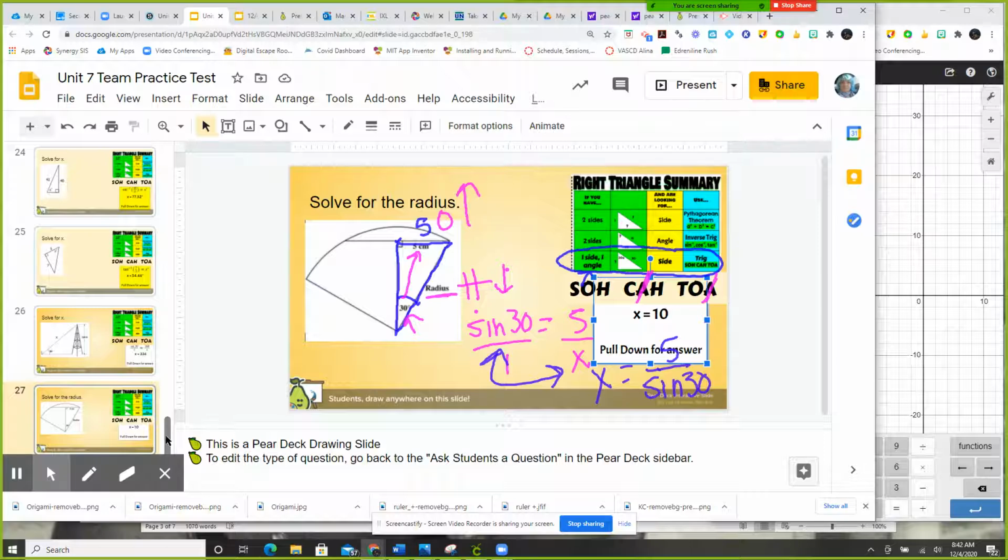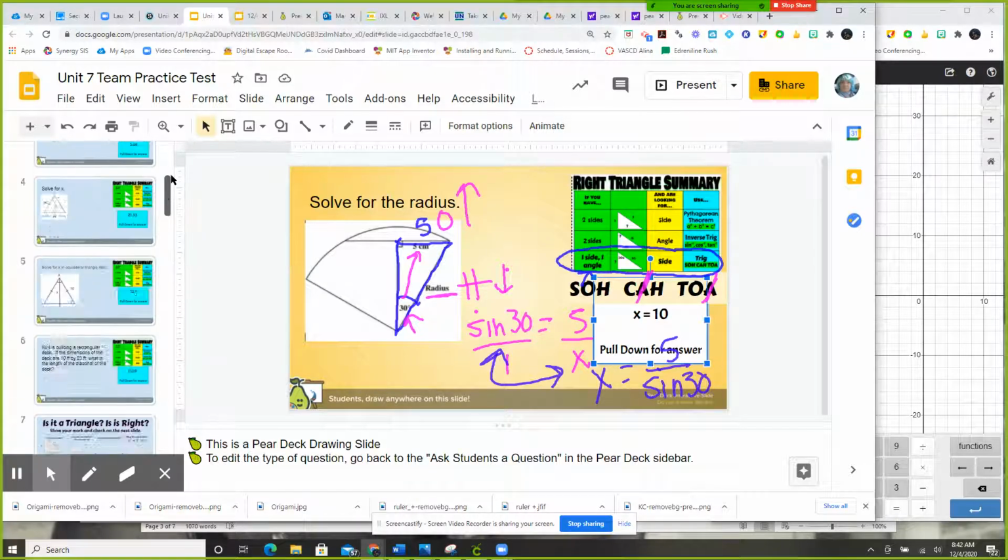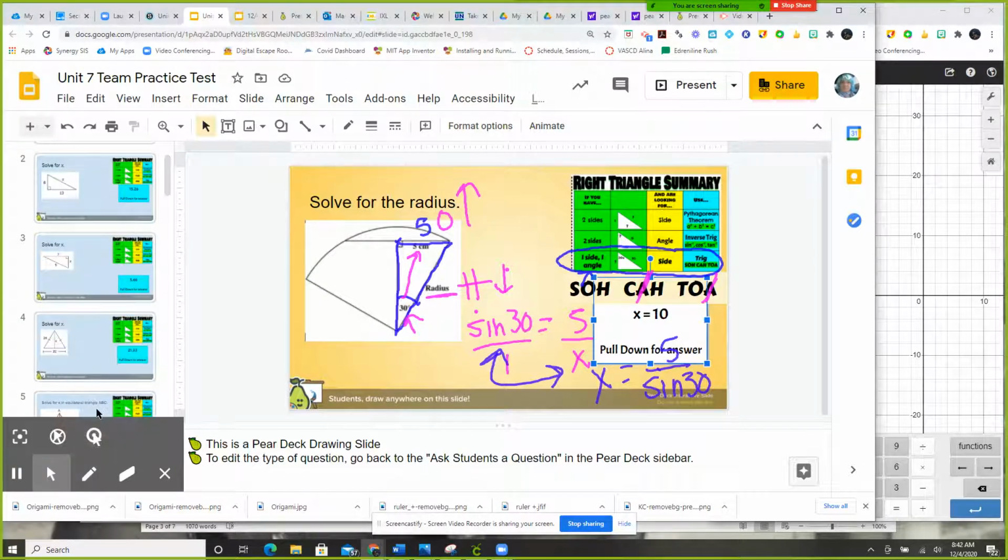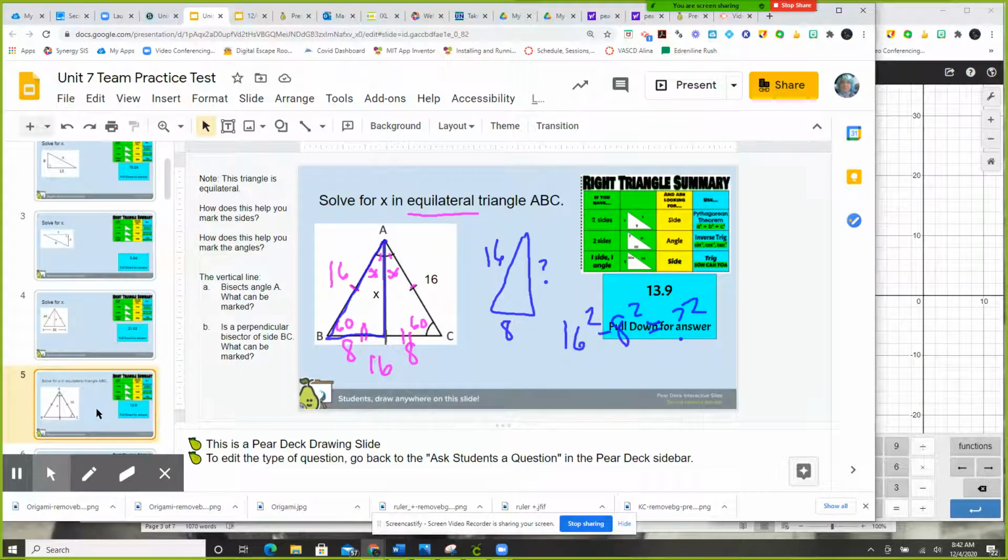Way back 30 minutes ago, we were asked to go back to slide 5. So let's look at slide 5 one more time. We had an equilateral triangle, so we knew that angle A was 60, angle B was 60, and angle C was 60. We knew that the 60s were cut in half to make 30 and 30. And we knew that all the sides were the same, 16, 16, and 16.